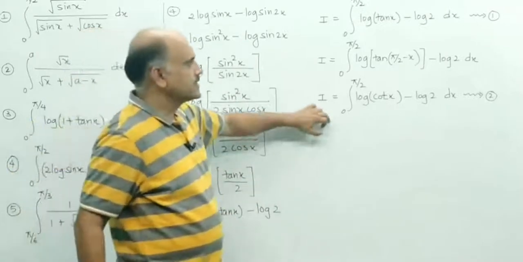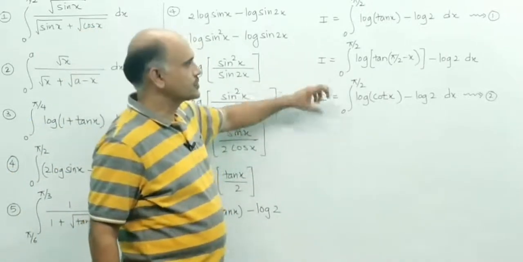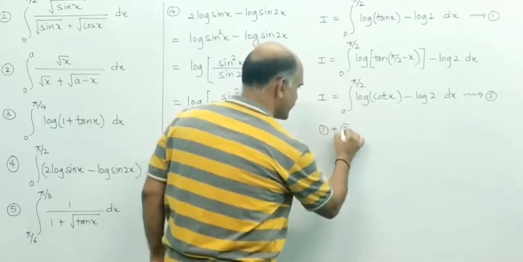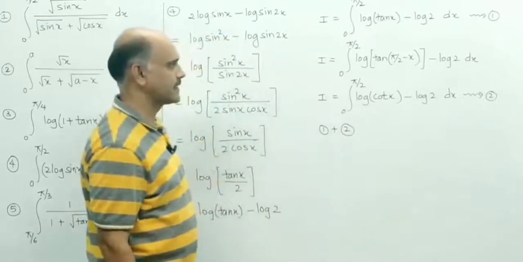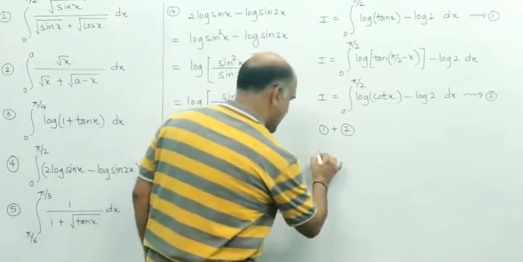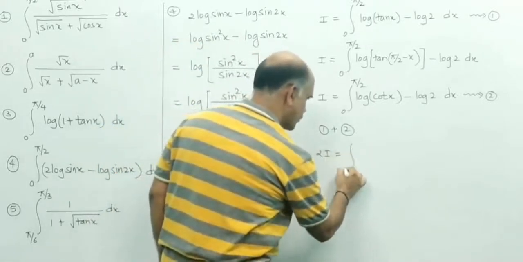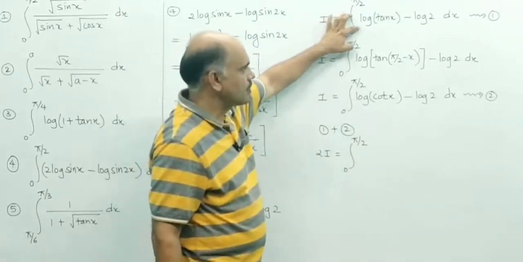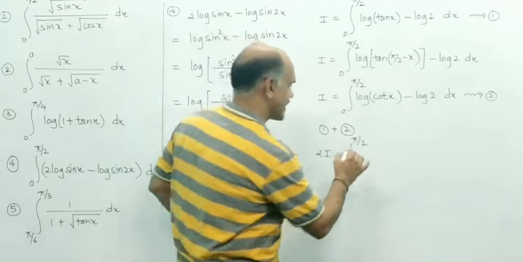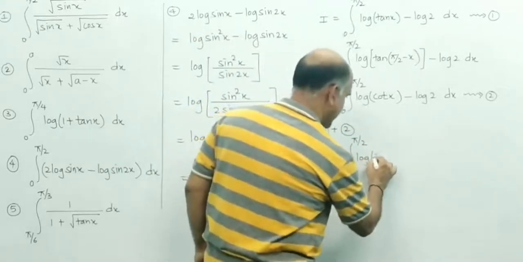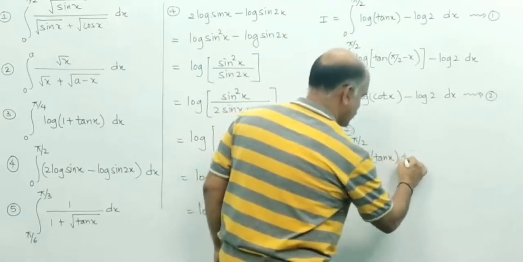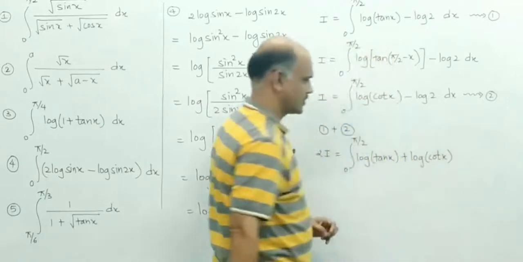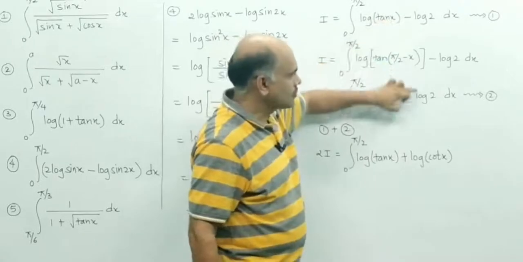Now add these both. So add 1 and 2 and simplify. If I add, 2I is equal to 0 to pi by 2. So directly I will write, students, log of tan x plus log of cot x, minus log 2 minus log 2.